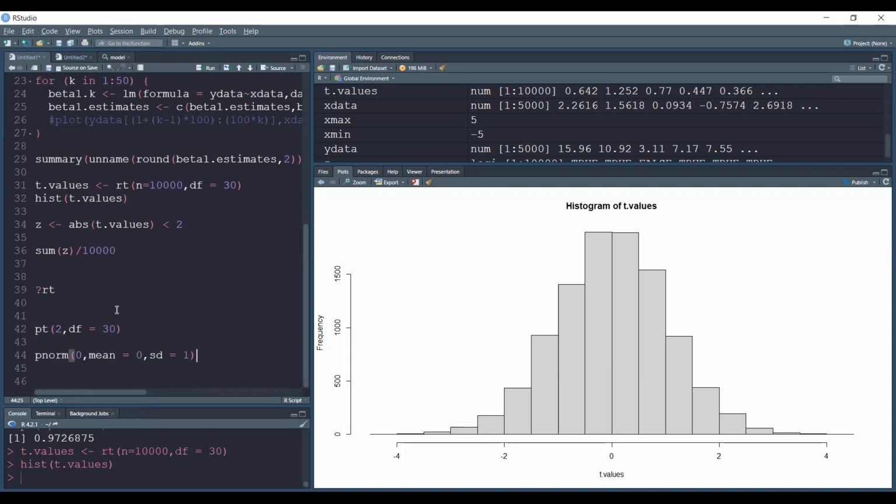This should come to exactly 50%. Yeah, 0.5, for the simple reason that if it's a standard normal distribution, you have a 50% chance of getting a positive value and a 50% chance that you get a negative value.